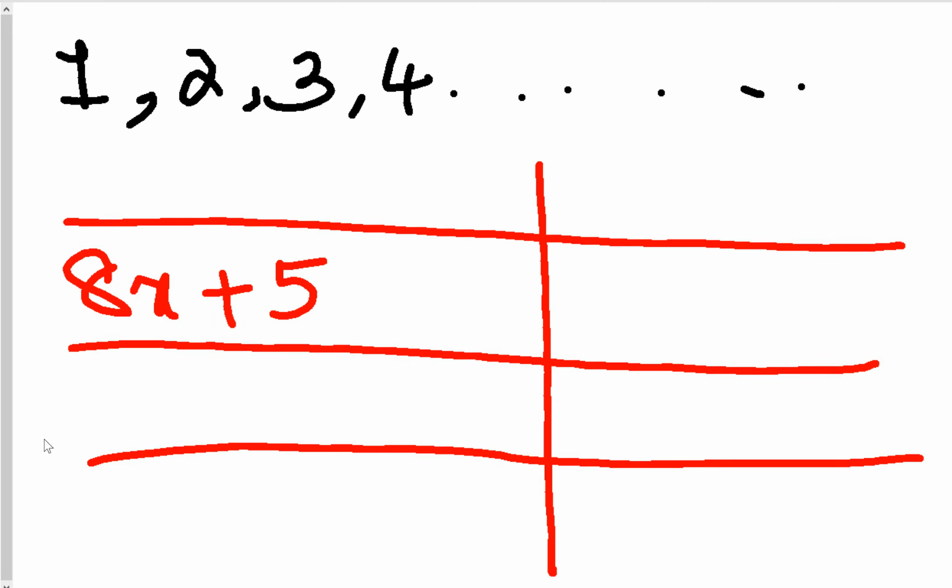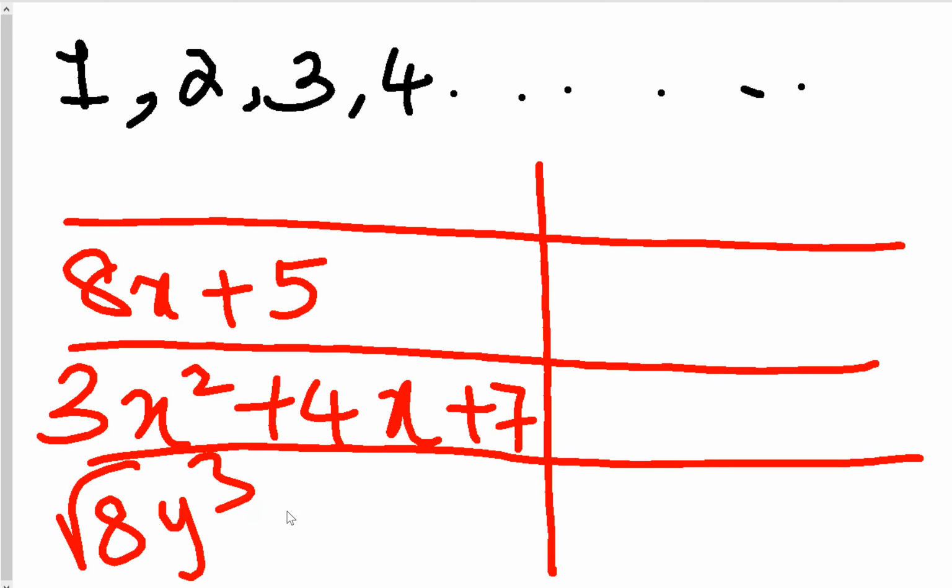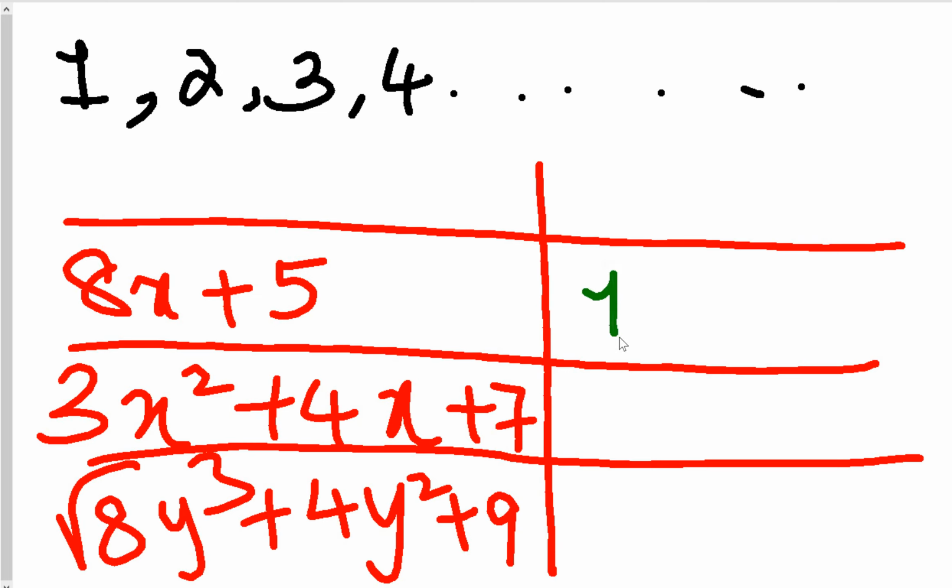The second one is 3x squared plus 4x plus 7, and the third one is square root of 8 y cube plus 4y squared plus 9. The first equation has degree 1. The second has degree 2, in the sense that the variable x has degree 2. In the third equation, the variable y has degree 3.